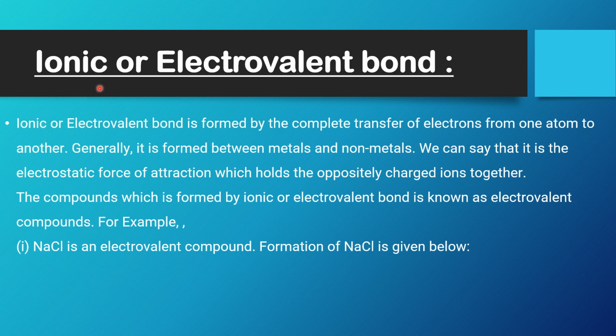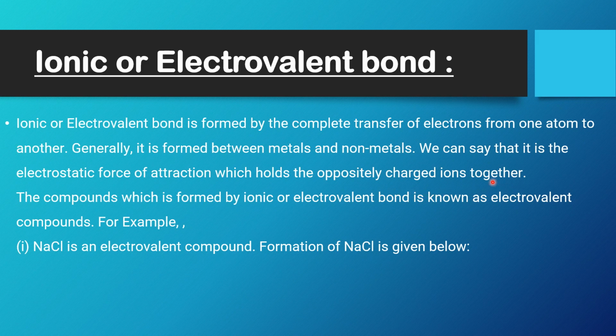Next, the ionic or electrovalent bond. We are going in depth into that. This is formed by complete transfer of electrons from one atom to another. Generally, it is formed between metals and non-metals, between metal A and non-metal B. We can say that it is the electrostatic force of attraction which holds the oppositely charged ions together.